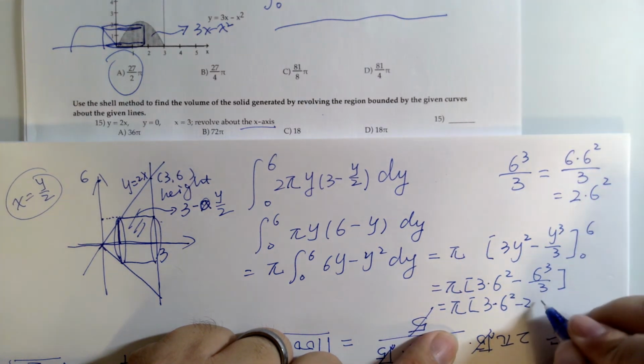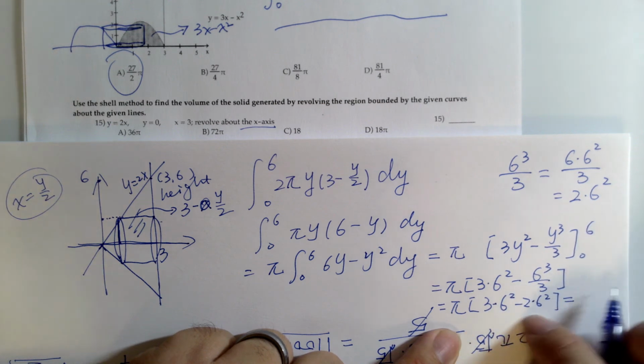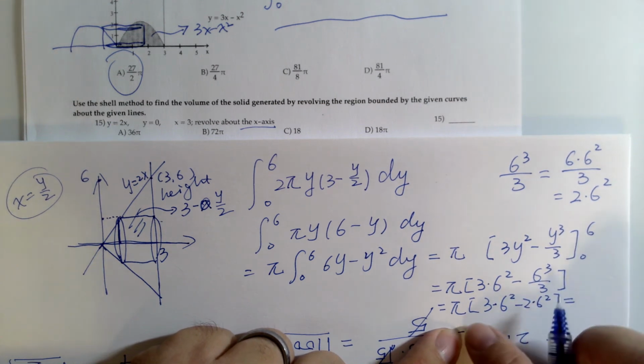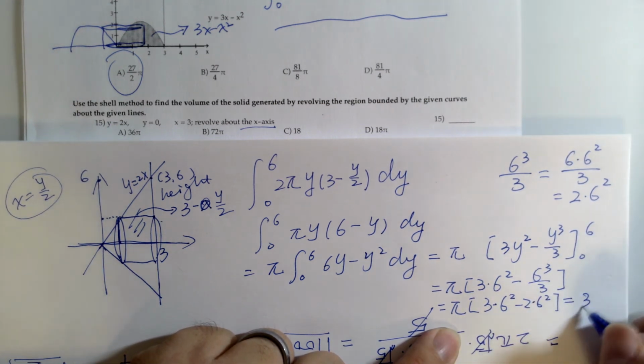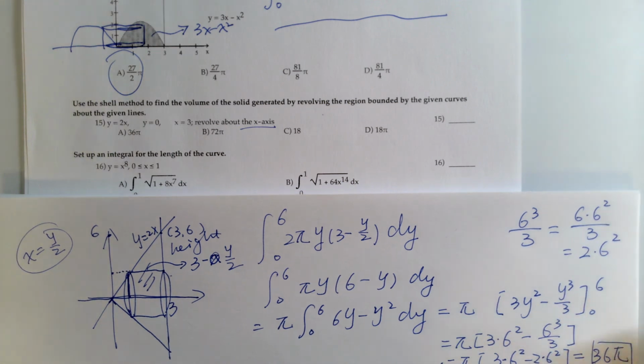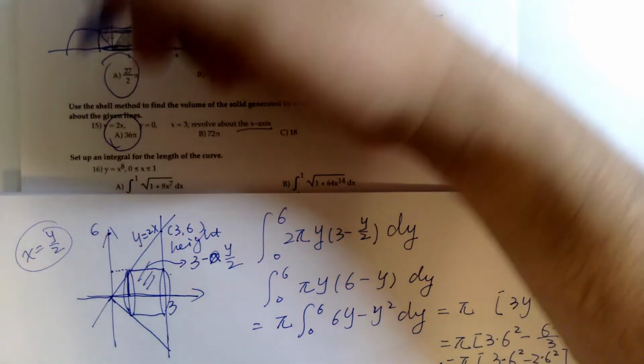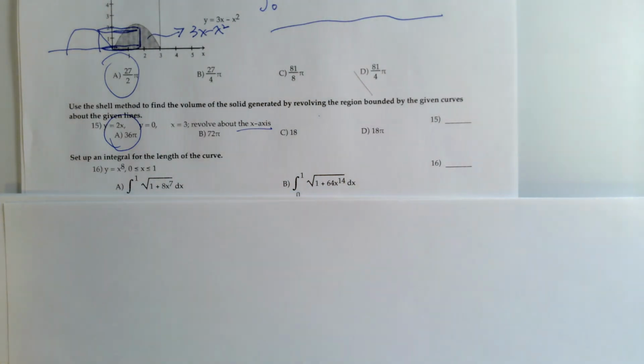So this is minus 2 times 6 squared. And then the inside of the bracket is just 6 squared. That's 36 times pi. We got 36 pi here. Okay, so that's number 15. So if we check, do we have 36 pi here? The answer is yes. So we got number 15.